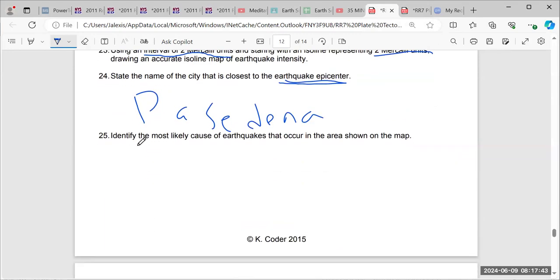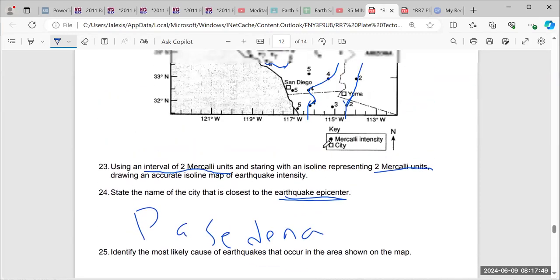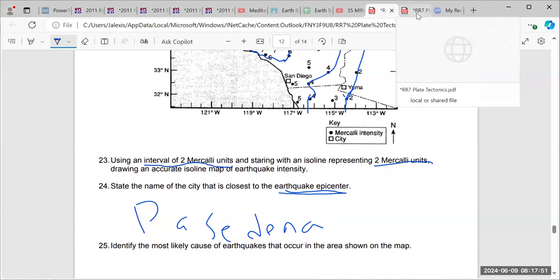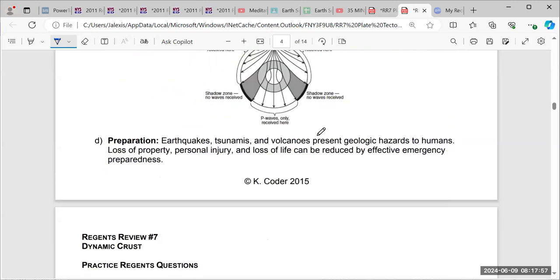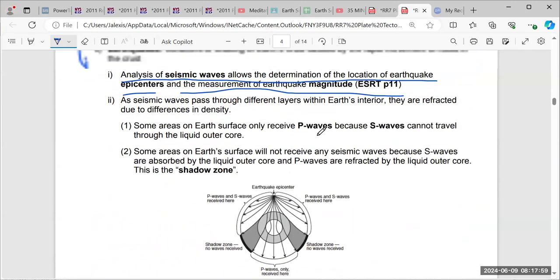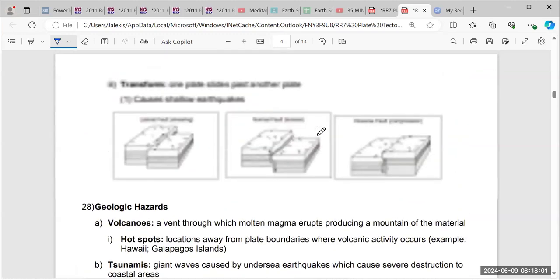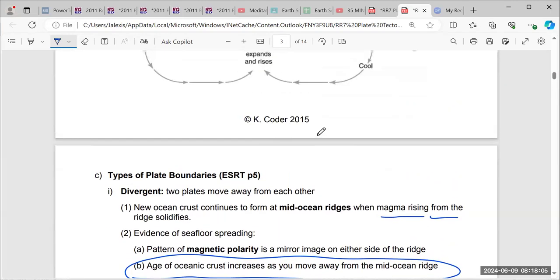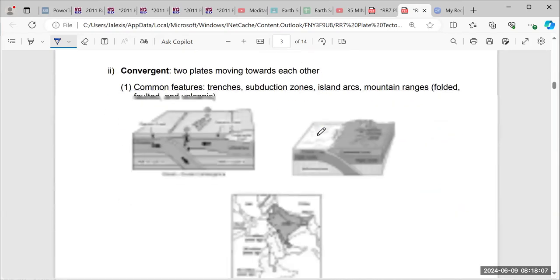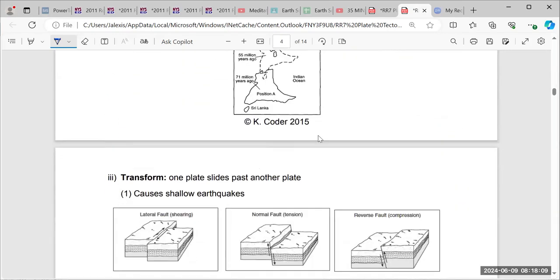Number 25: identify the most likely cause of earthquakes that occur in the areas shown on the map. That one is on 27C, 3I. There we go.